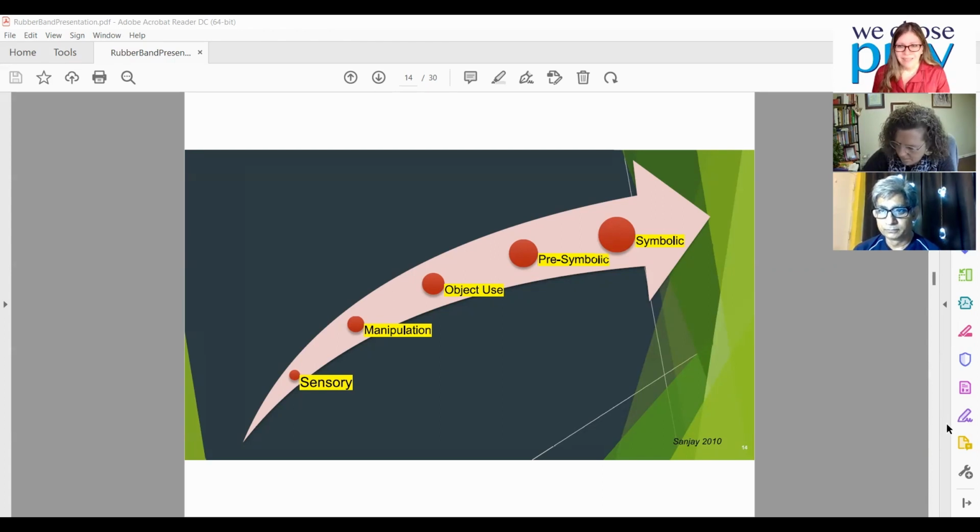But that's not the goal in Floortime. The goal in Floortime is, no, we want to be a part of that swinging with the child and be in an interaction while they're swinging. So they're integrating their senses while they're interacting with us, and you could probably say it way better than I can.